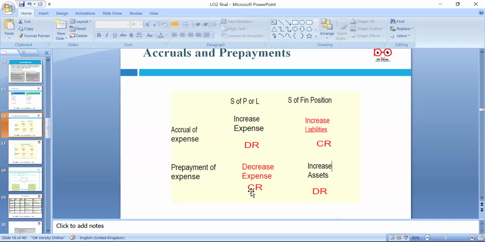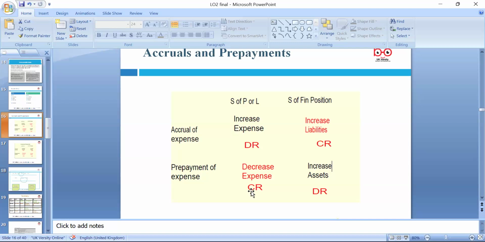Prepaid means paid in advance, like car insurance. If you paid in advance and you're closing your year end, 31st December, then the prepaid is your asset. In the first place you record debit the expenses and credit the cash, because the cash went out of the business to make the payment.